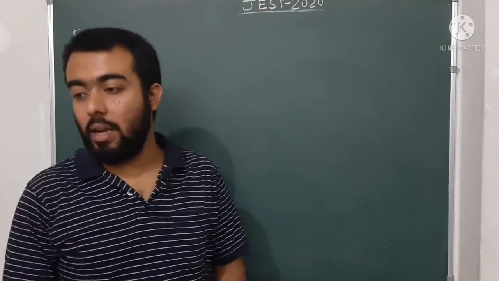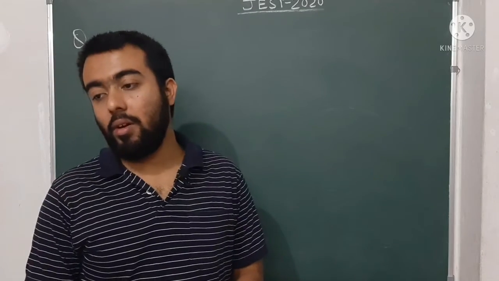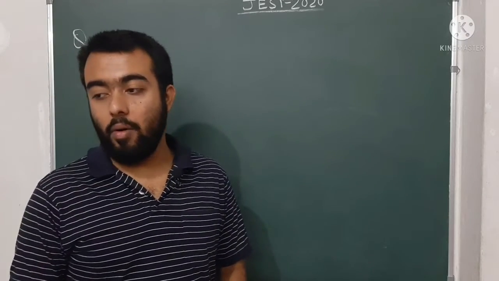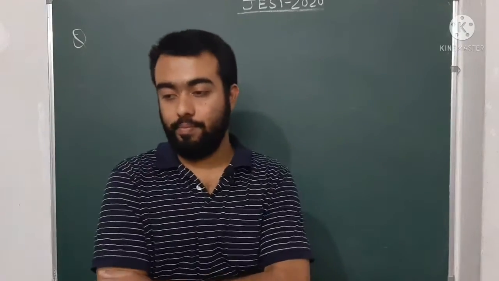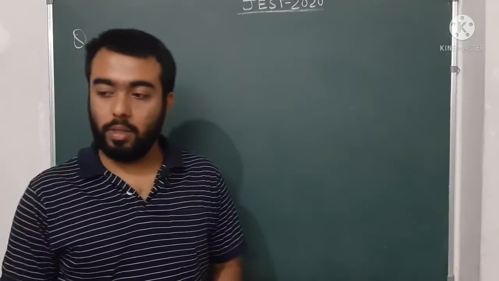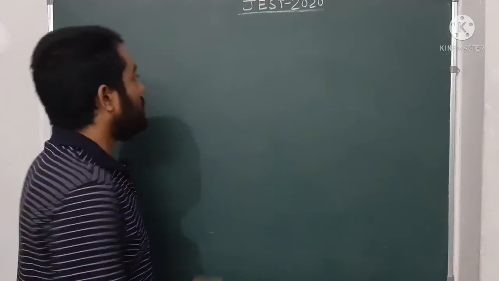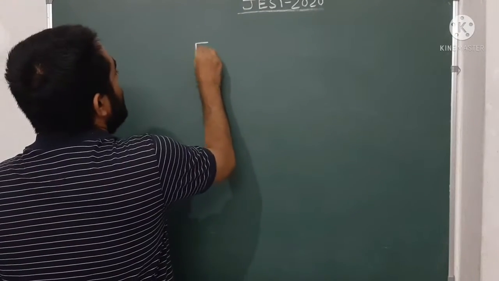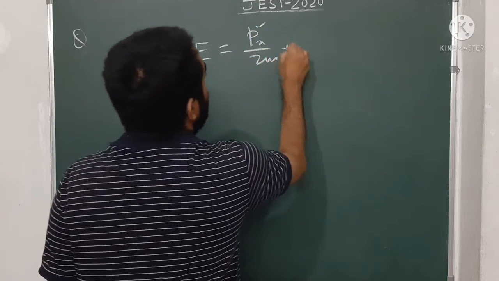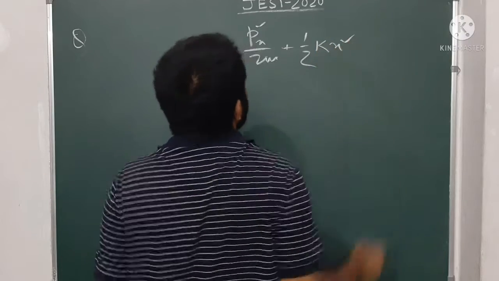Next, consider a classical harmonic oscillator in thermal equilibrium at a temperature T. If the spring constant is changed to twice its value isothermally, then find the amount of work done on the system. For this we have to find the partition function. So total energy for the harmonic oscillator in 1D is Px square by 2m plus half K x square.